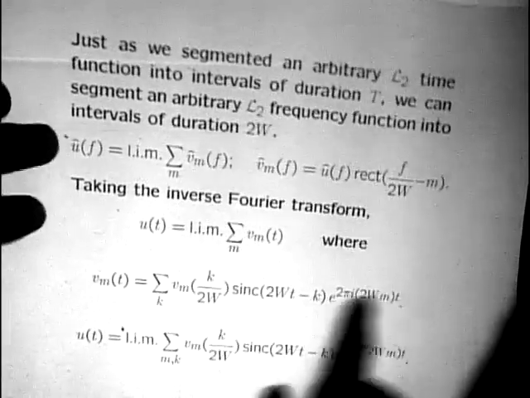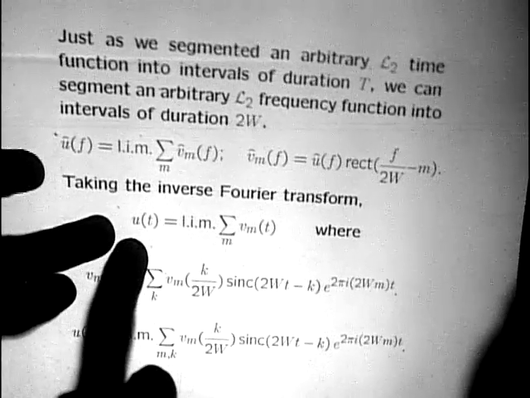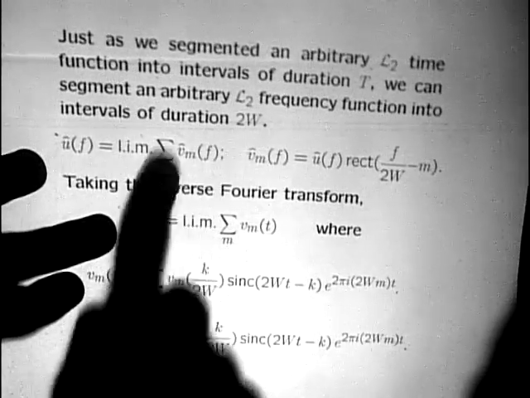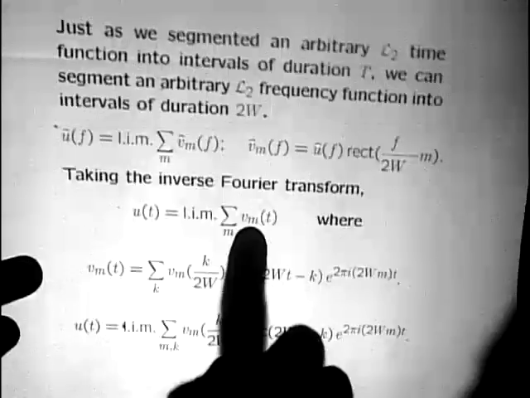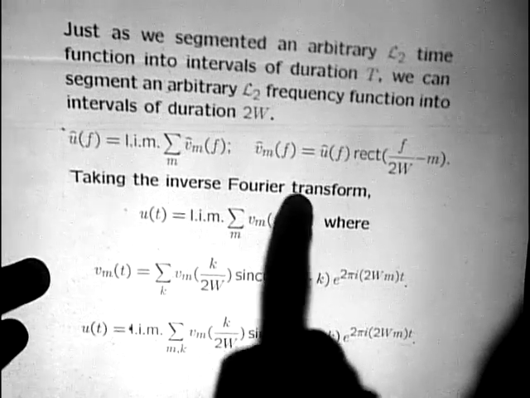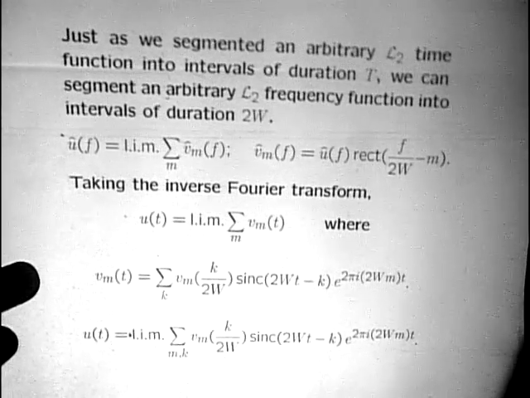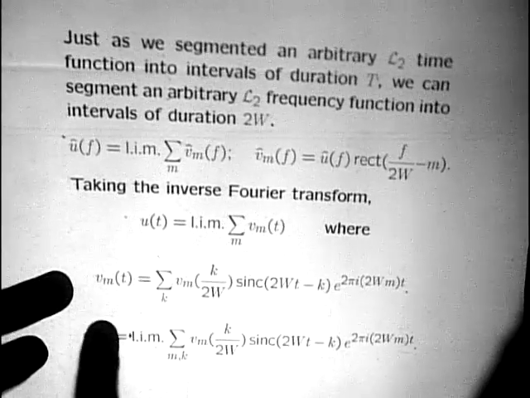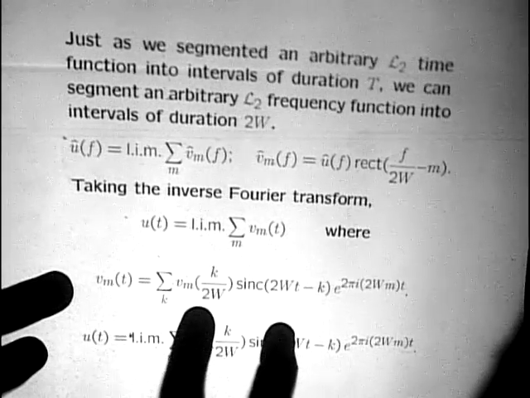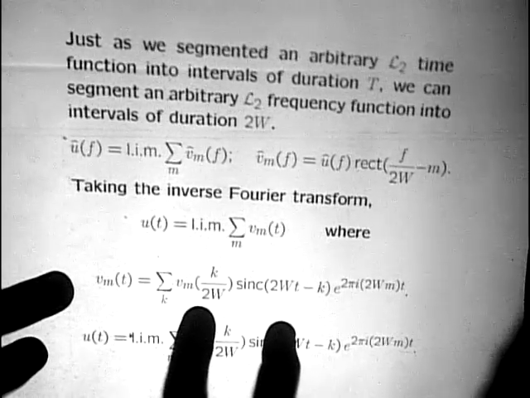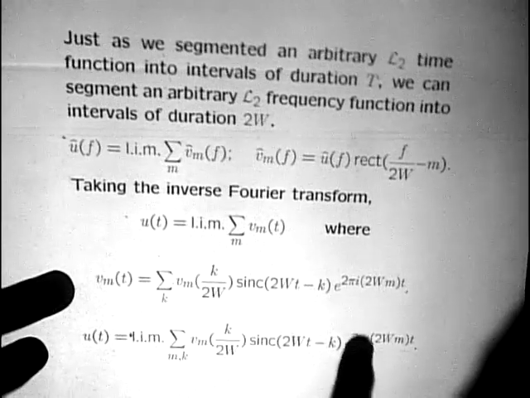If I take the inverse Fourier transform of this, what I'm going to get is u of t, take the inverse transform of all of these terms, so I'll get the sum of Vm of t. Now, Vm of t is the inverse Fourier transform of Vm of f. You take that quantity, take the inverse transform of it, and sure enough, you get this kind of expression here. It's a sampling theorem in V sub m of f with this rotating frequency term here, which is just the thing that we had before.